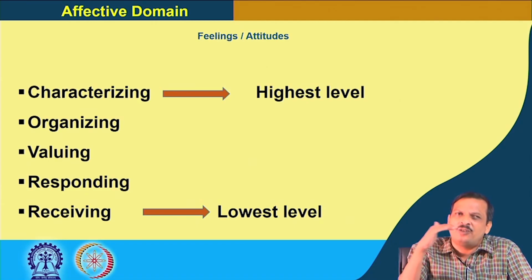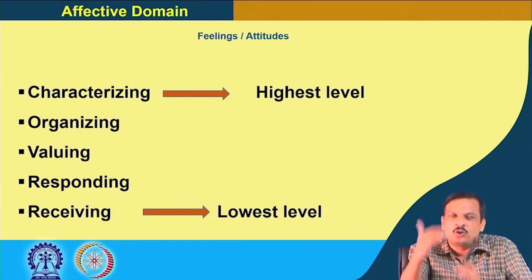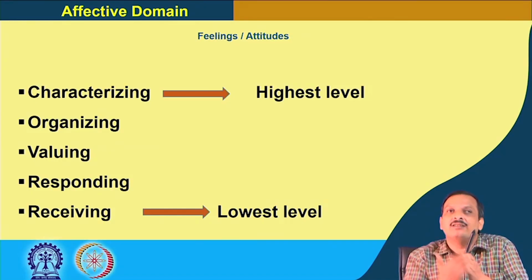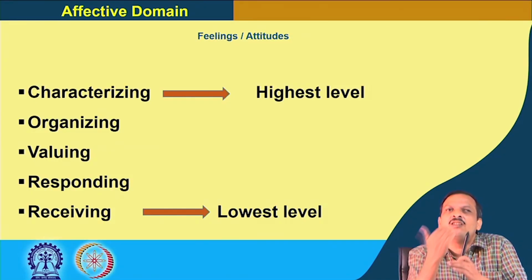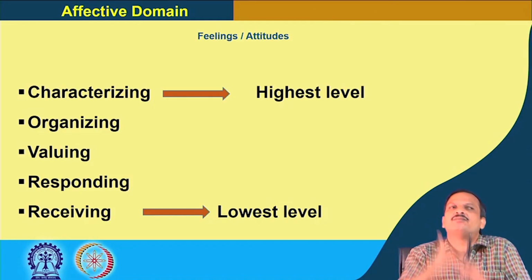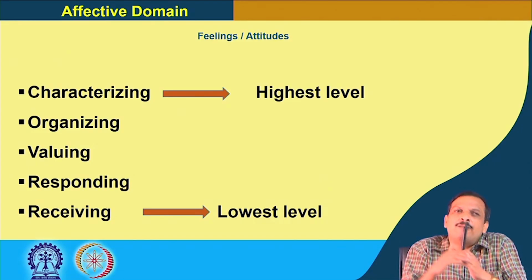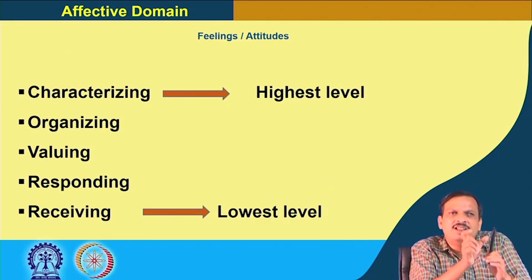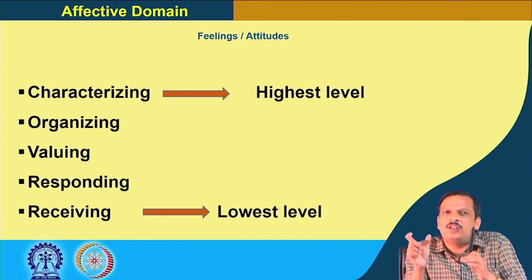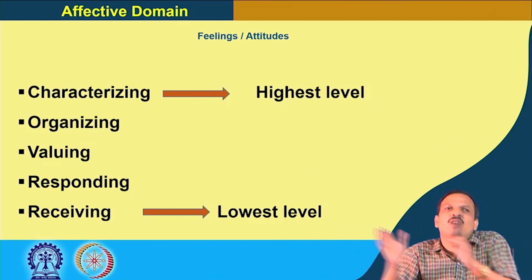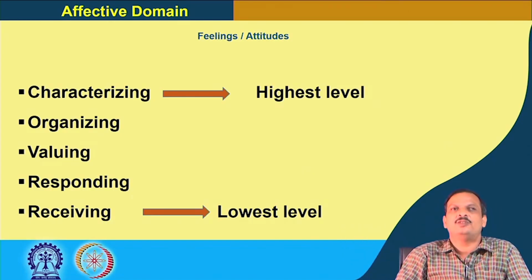Then once you are able to respond and receive, those feedback systems develop your valuing, whether this is right or wrong. So, value judgment will be developed on it. That is called valuing. Once you develop valuing of this information, you organize those values. That is called organizing.